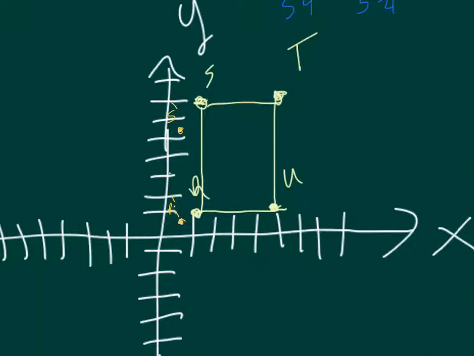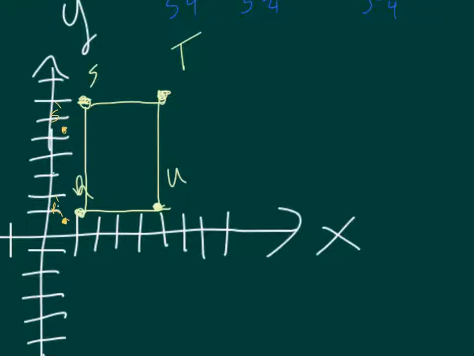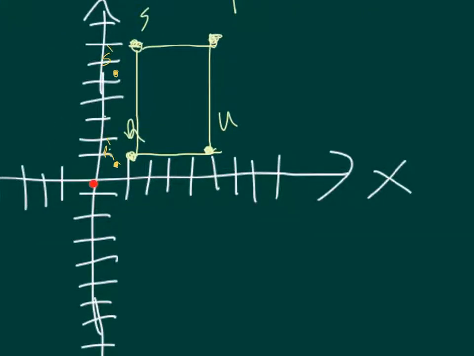Alright, next is T prime. We've got 3 and 3/4 and 5 and 1/4. So let's do that. We start out in the middle. We go 3 right, 1, 2, 3, and then about 3/4 away is going to land us right there, close to the 4, but not quite. And then up to 5 1/4. Get you back up here, even with that last S. So right there, let's go ahead and make that point. That's my T prime.